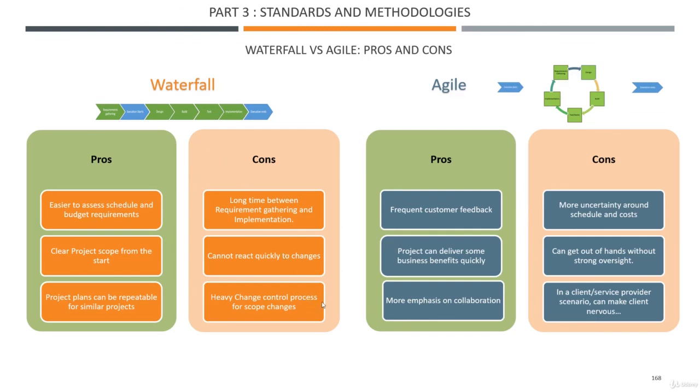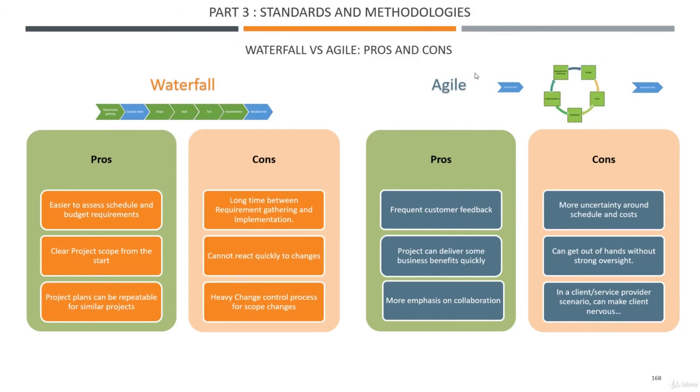And this ties in with this one as well. The change control process is heavy in a way. So if they want something different, your project office might have a fit, and they say, oh no, they need to go through all this process again. So it's very heavy in this way.